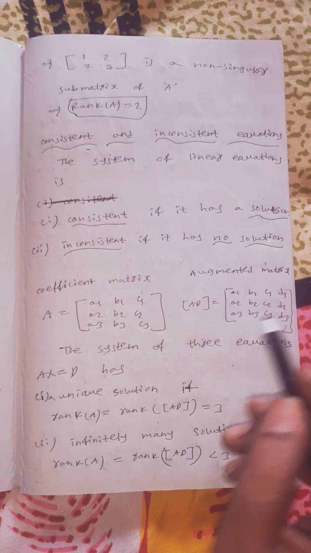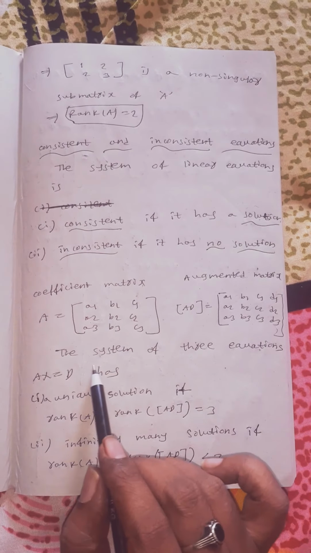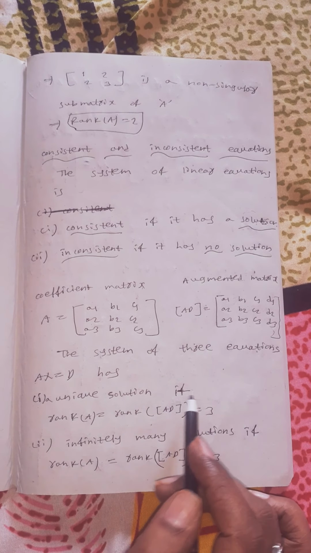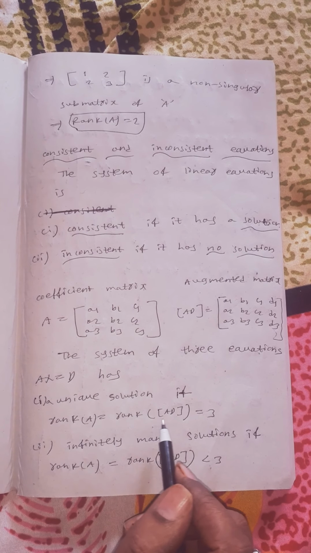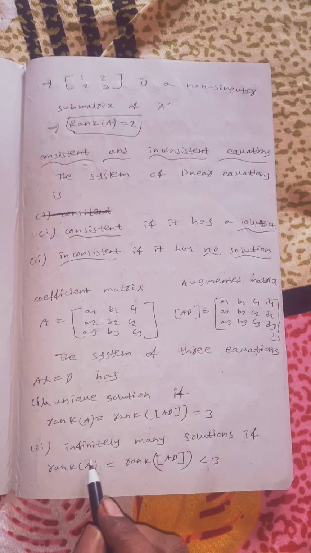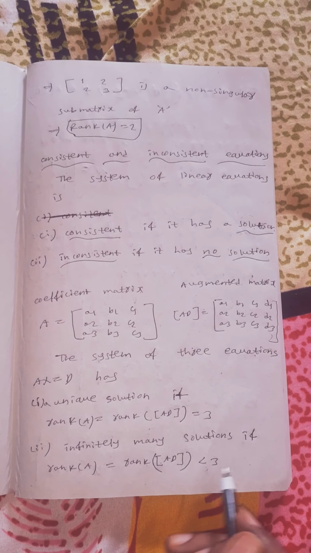So next, we have taken the coefficient matrix 3 by 3 and the augmented matrix. The system of three equations Ax equals D has a unique solution if rank of A is equal to rank of augmented matrix AD is equal to 3. Infinitely many solutions if rank of A is equal to rank of AD less than 3.